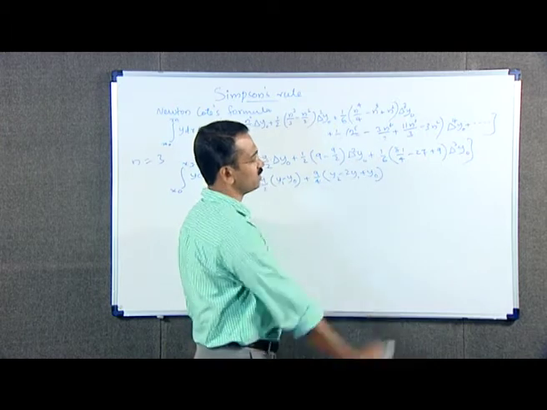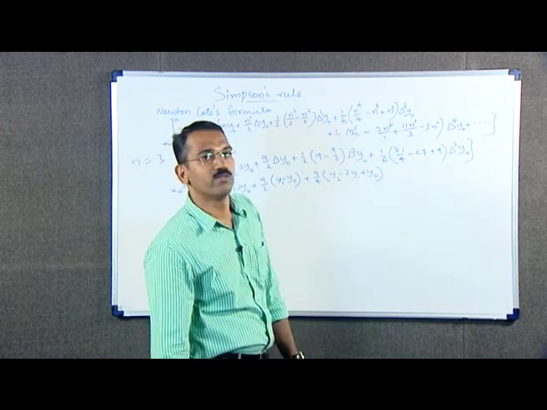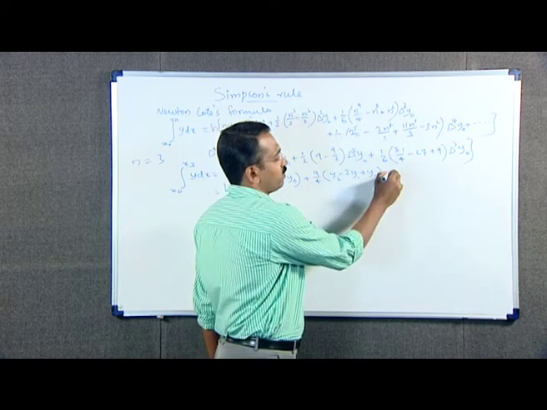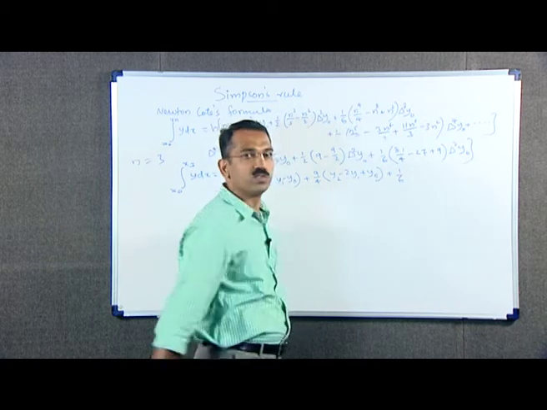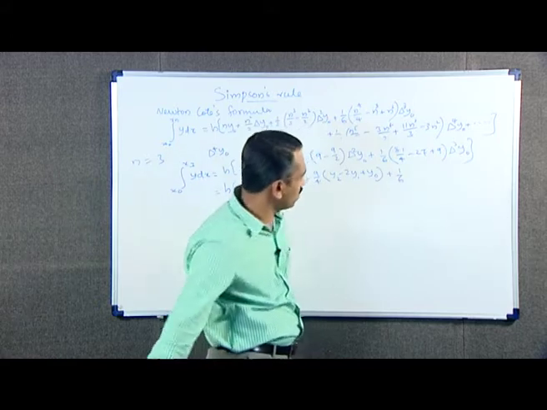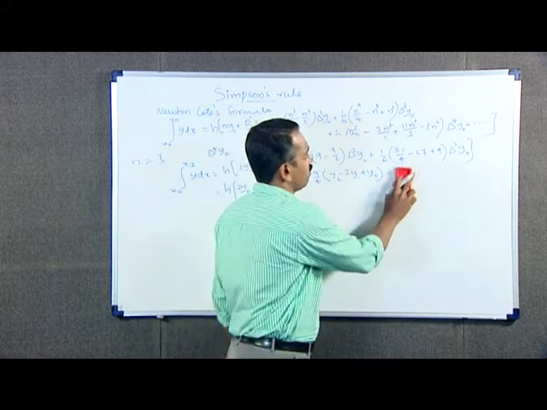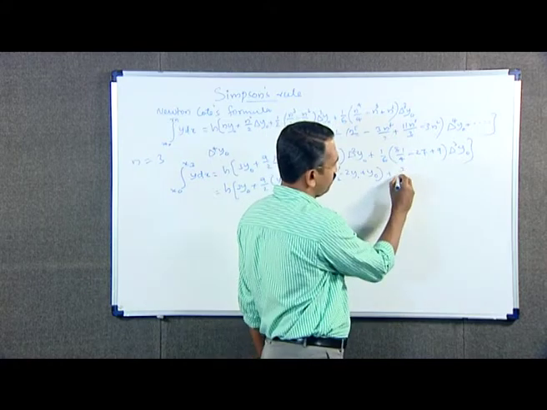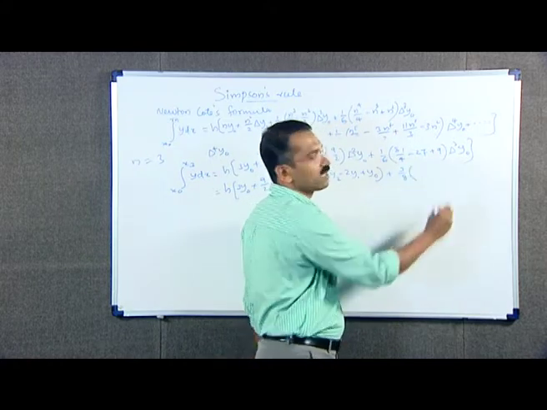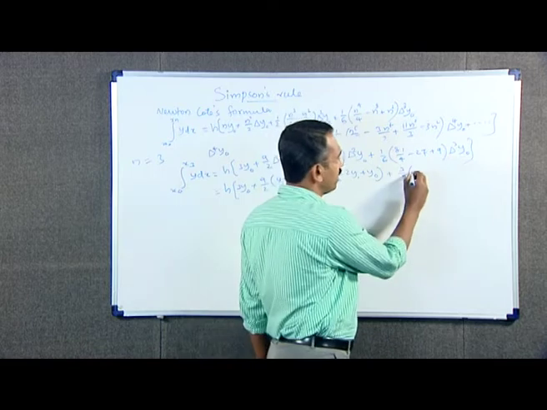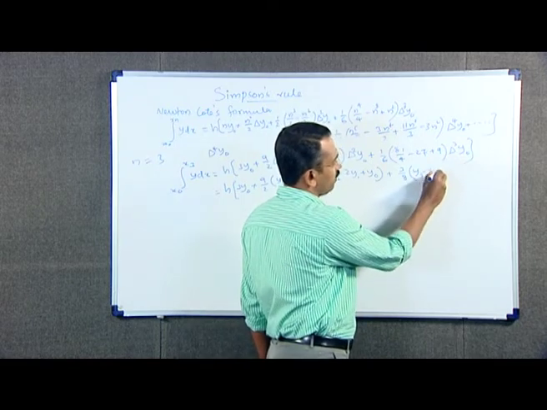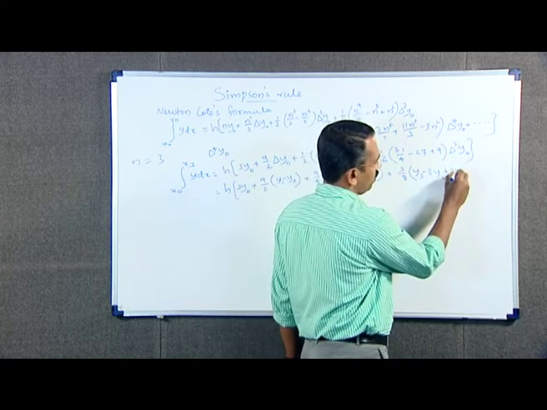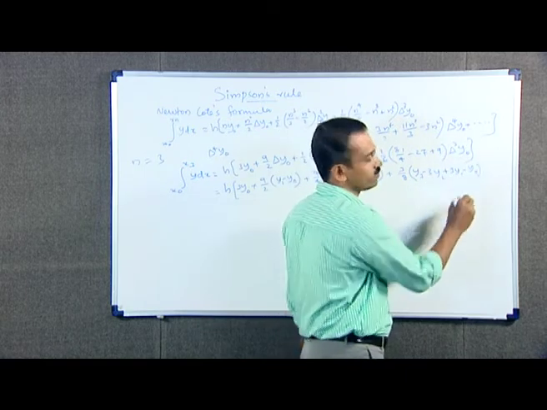Delta square y naught means the second forward difference. This plus 1 by 6 into, on simplification we will get this quantity as 3 by 8. Delta cube y naught is y3 minus 3 y2 plus 3 y1 minus y naught.